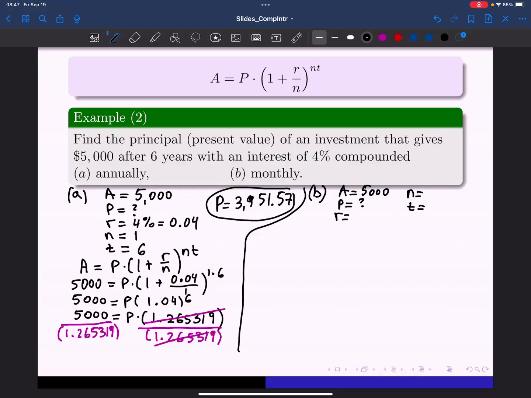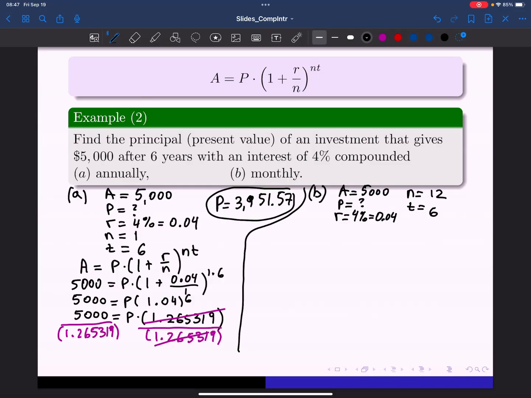R is 4%, which is 0.04. N is how many times per year. This time we have monthly. How many months in a year? 12. So N is 12. And T is how many years? We have 6 years.